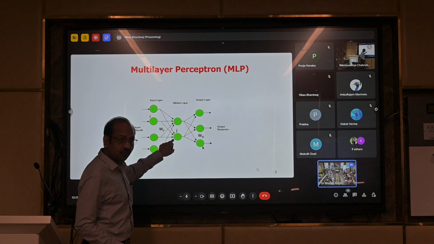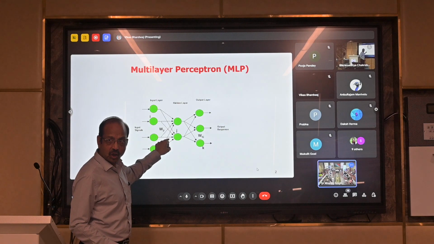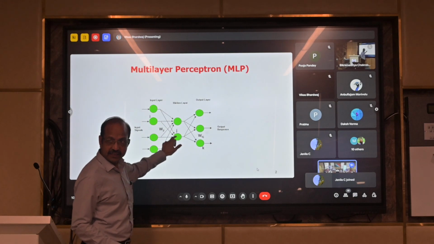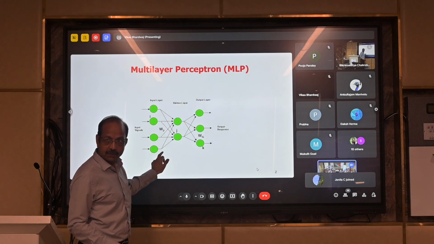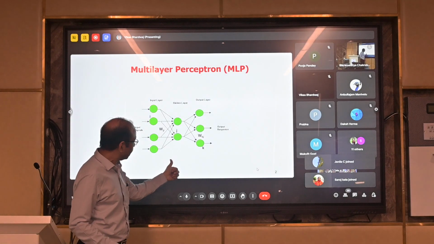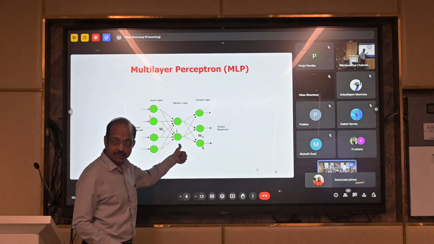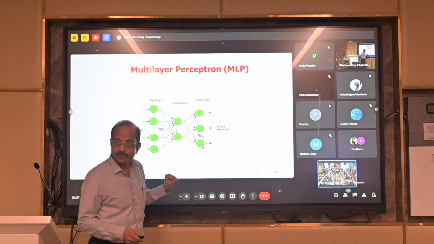You want to find out the net input reaching the jth node. How do you compute it? Wj1 into x1 plus Wj2 into x2 plus Wj3 into x3 plus up to Wjd into xd, plus some bias, let's say Wj0. So this is the net input reaching this neuron.